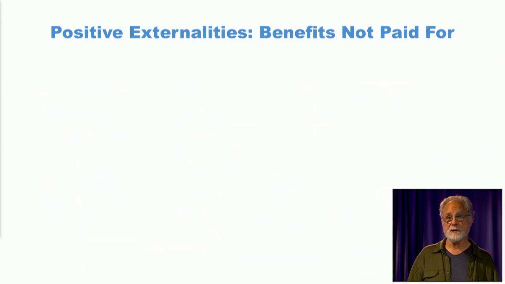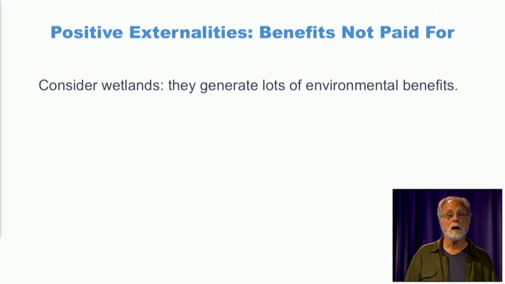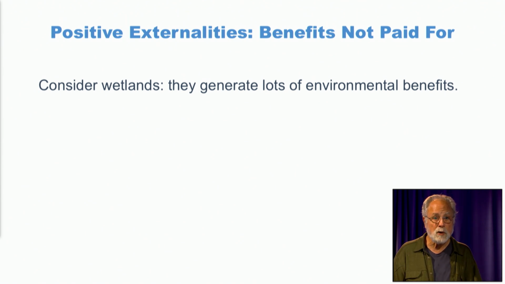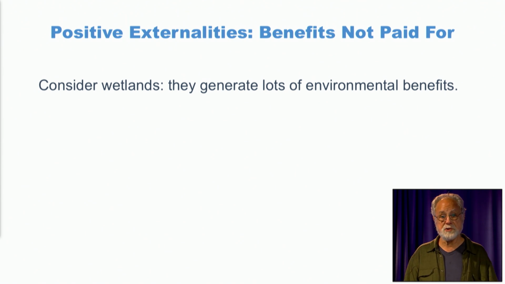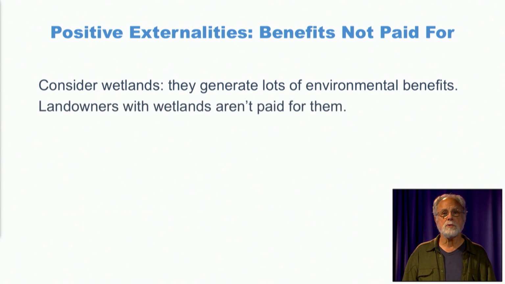A positive externality is the flip side of this. This is where you have a benefit, but it's not paid for. So somebody's getting a benefit, nobody's being paid, and that too is a problem. Consider the case of wetlands. Wetlands are very advantageous to the environment. They perform a lot of environmental services. However, the people who own land that the wetlands either are situated on or could be situated on don't receive any income.